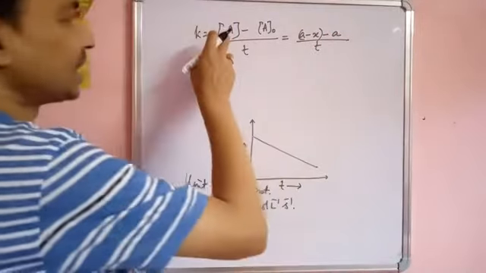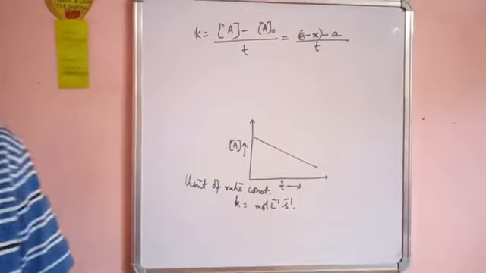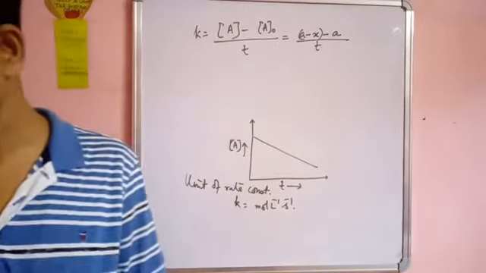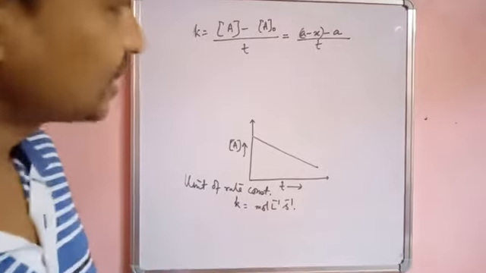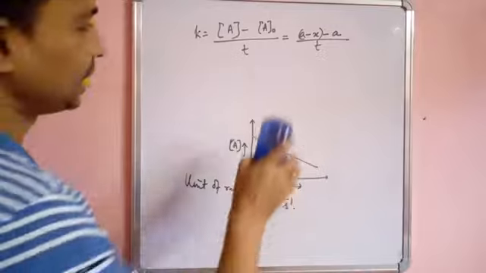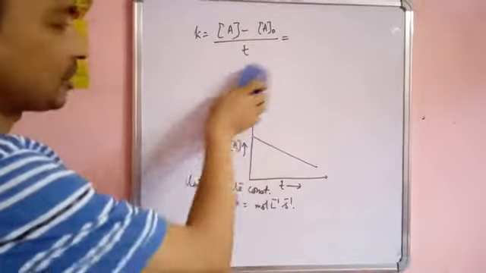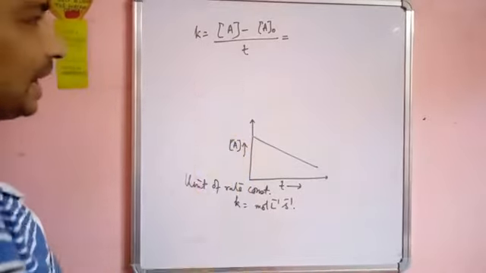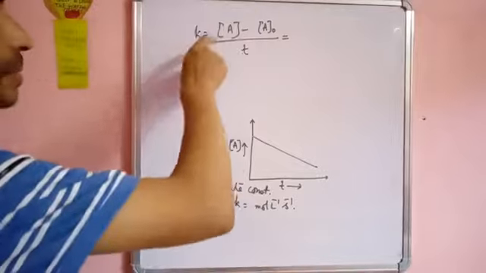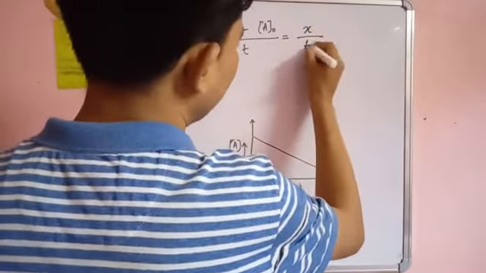From this we can write k equal to a minus a naught by t, where the final concentration is a minus x and a naught is small a. So a minus a naught by t we can write as x by t.